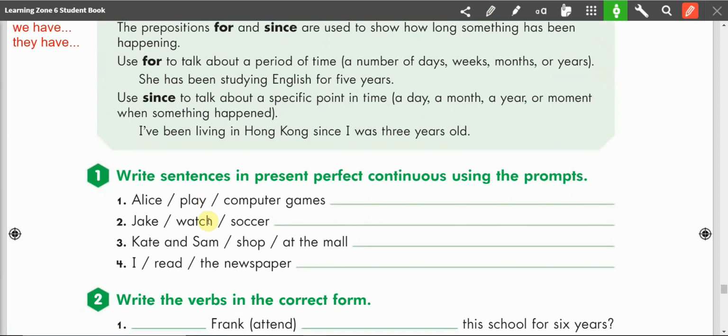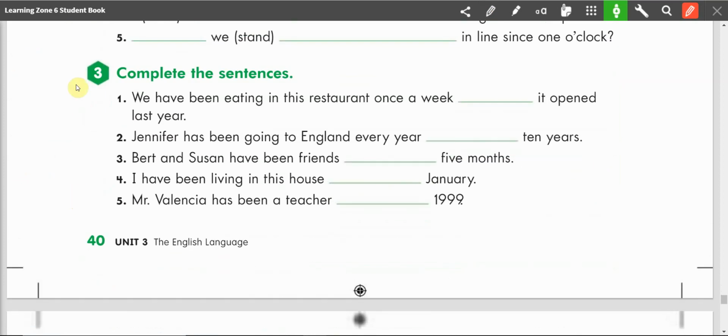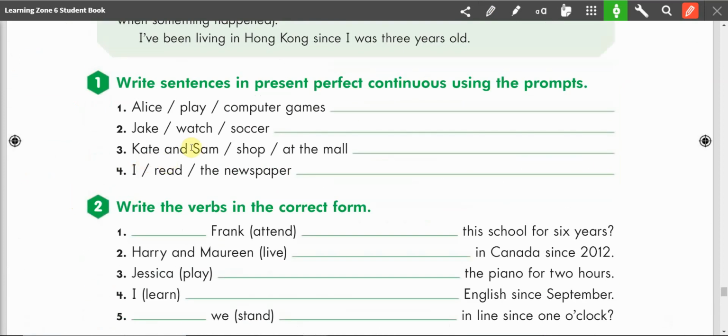So let's go to the exercises. We have 1 and 2 and 3. So let's finish these together, and then you guys can have a good weekend. So this one says to write sentences in present perfect continuous using the prompts. So when you say prompts, those are the words that are given to you. So we see Alice.